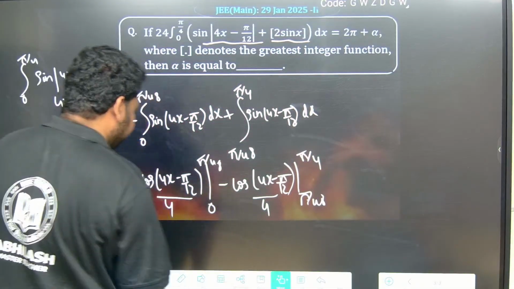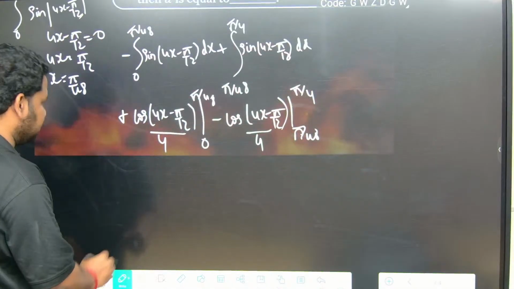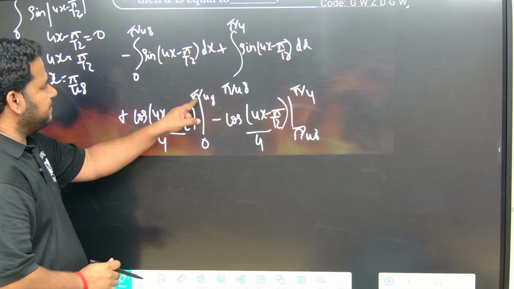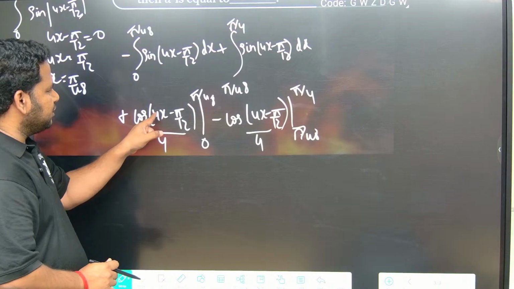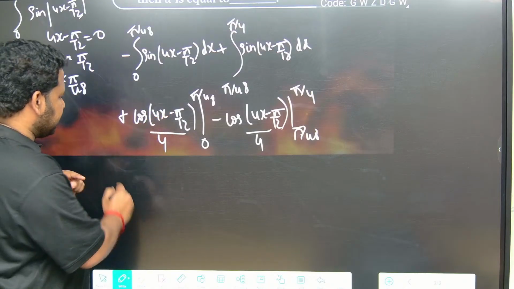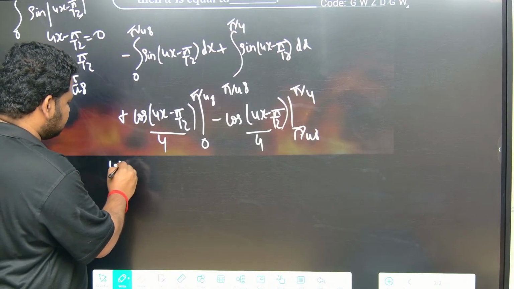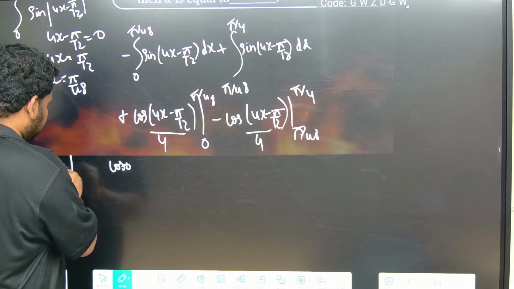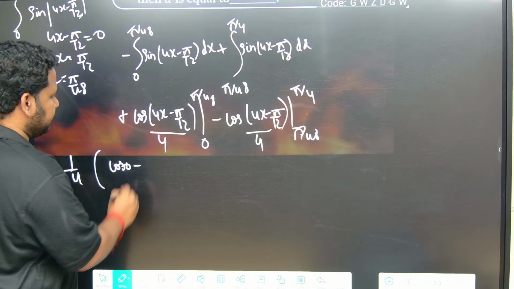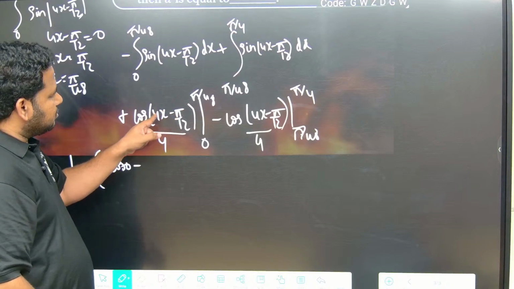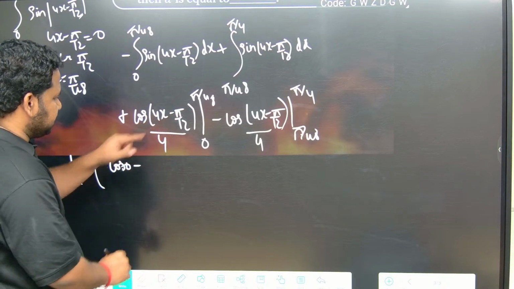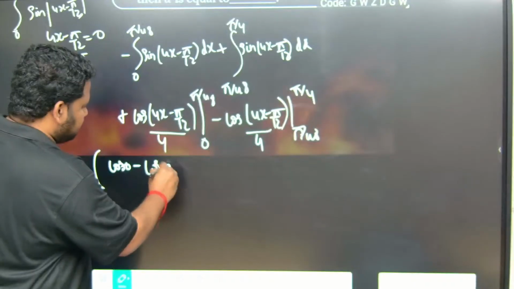Now on applying the limits, what will I get? cos of 4 into pi by 8 minus pi by 12 gives cos 0. I can take 1 by 4 common outside. This will be cos 0 minus cos pi by 12.